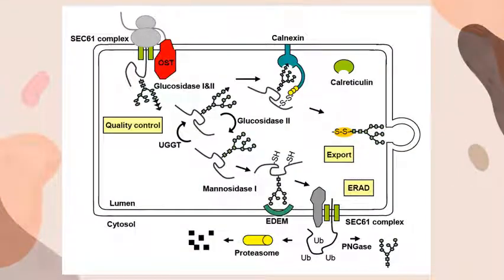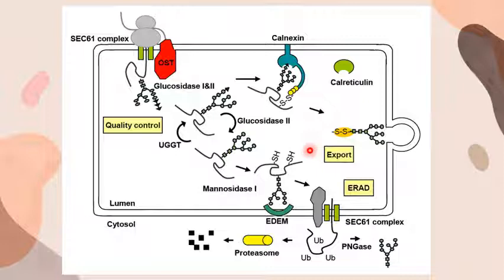The folding and conformation of the proteins goes through a quality control process. This quality control will be carried out by some chaperones and sensors in the ER that will identify the misfolded proteins and divert them to the degradation pathway, the proteasome.